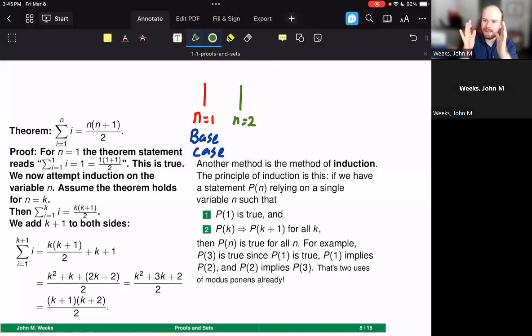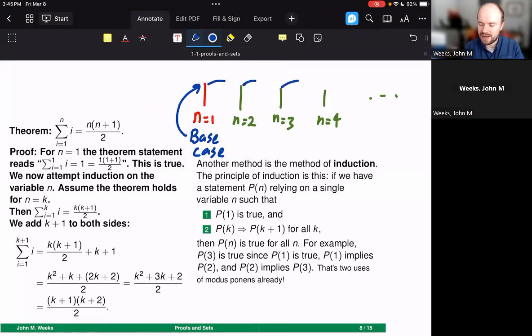It's kind of like lining up the dominoes so that n equals 2 gets knocked down whenever n equals 1 gets knocked down. Then you can keep going for n equals 3, n equals 4, and so on and so forth. So now that you know the base case is true, that is going to knock down that first domino. So the fact that every single domino gets knocked down after that is true because of this implication that we've set up, because P of k is true, and that implies P of k plus 1.